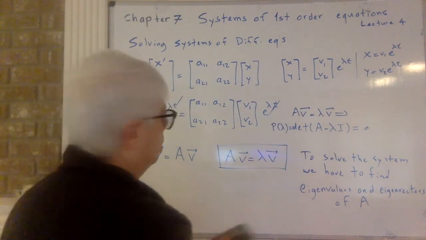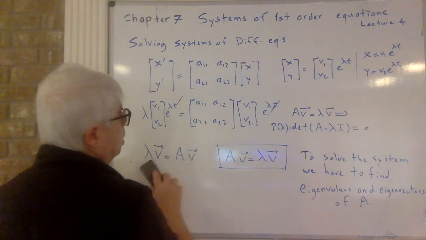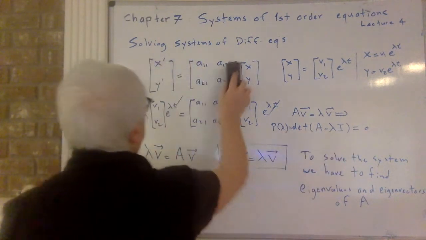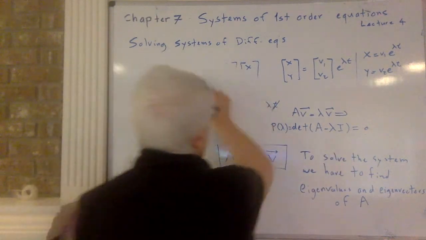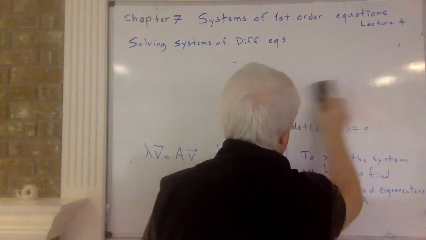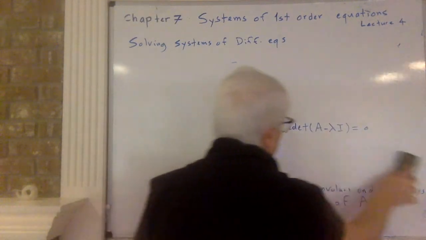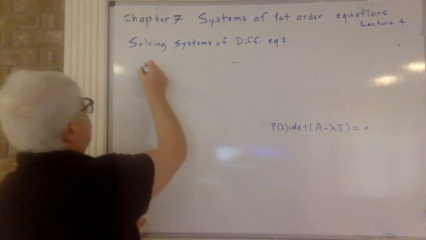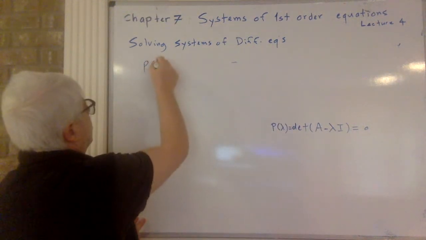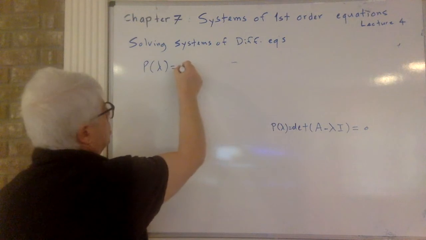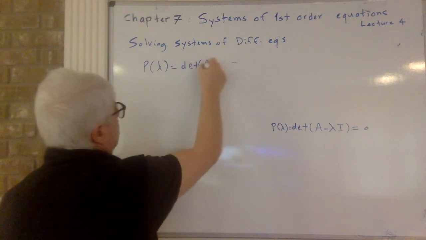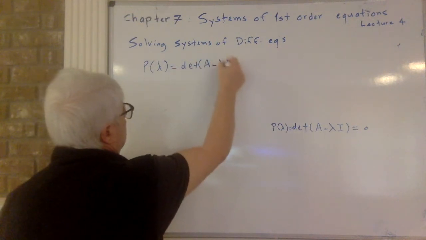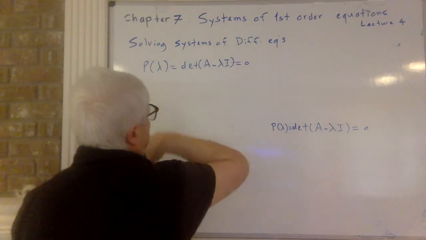So let me erase everything and just write this thing here. I am left with the determinant of A minus lambda I equal to 0.